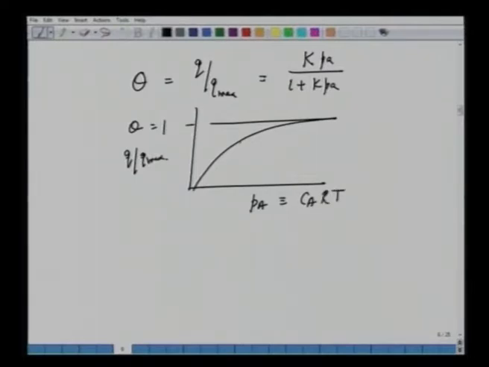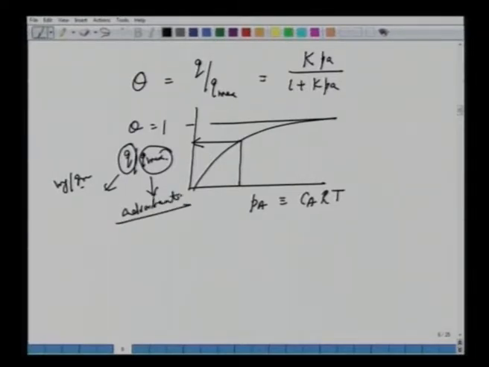Okay, so given this partial pressure or concentration, how much is loading here? Q, milligram per gram. Q max will be the property of the adsorbent, what adsorbent we are using here, how many maximum sites are available. So this type of information has to be given for us to do any calculations.